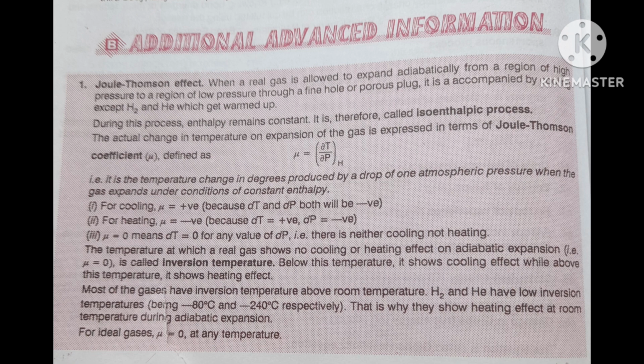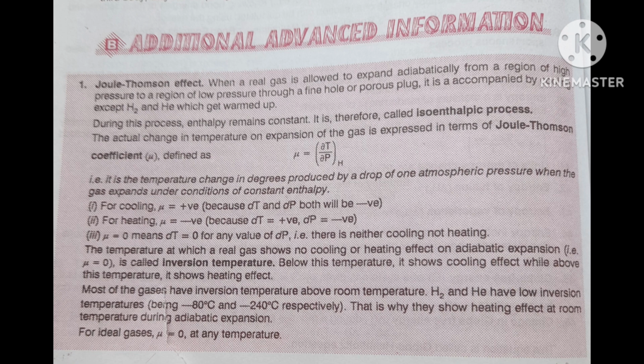Temperature will decrease, so delta T will be negative. Delta P will also decrease, so both will be negative. Both negatives cancel, hence mu will be positive in case of cooling.